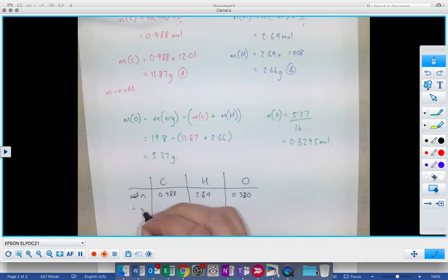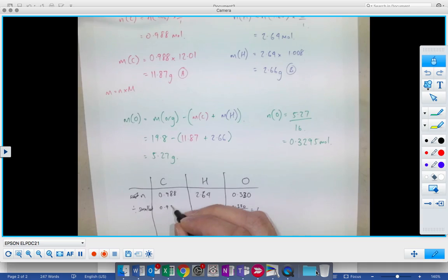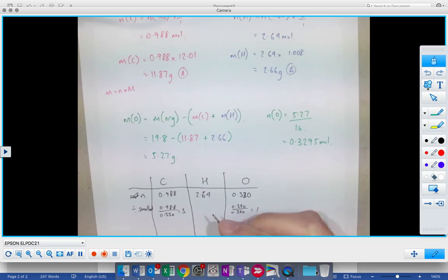I'm going to divide by the smallest, which happens to be this one. So 0.330 over 0.330 is equal to 1. 0.988 over 0.330 is equal to 3, and 2.64 divided by 0.33 is equal to 8.